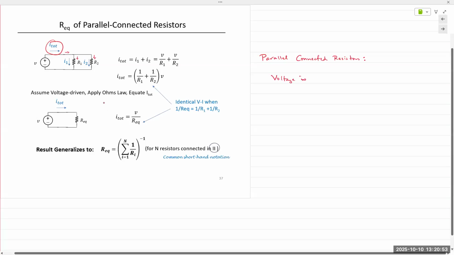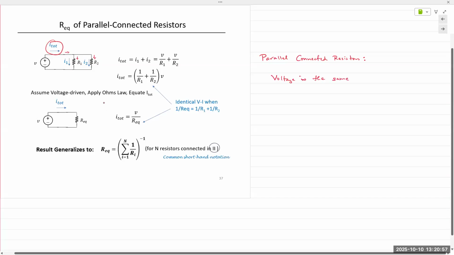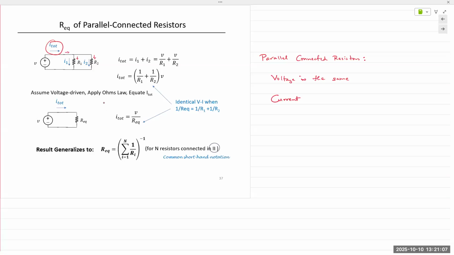Voltage is the same because it's the same two nodes. However, the current gets divided. Here we have two, so it gets divided into two parts. And the value of those currents depends on the value of the resistors. The smaller the resistor, the higher the current flowing through it. If both resistors are the same value, it's divided into two equal parts.